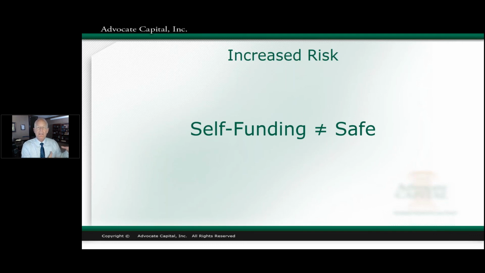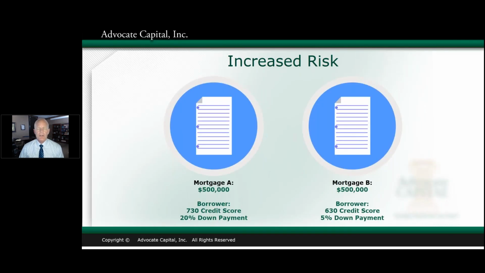In an illustration of how risk impacts value, mortgages can be an asset that can be owned. So you can invest in mortgage-backed securities. People buy and sell mortgages. It's a loan someone owes on a house, and that's an asset. You can own that. So if I were to give you two choices here, mortgage A has a face value of $500,000. The borrower has a 730 credit score and put 20% down.